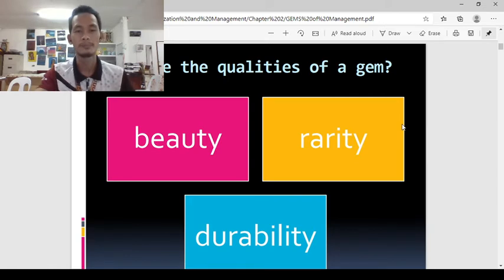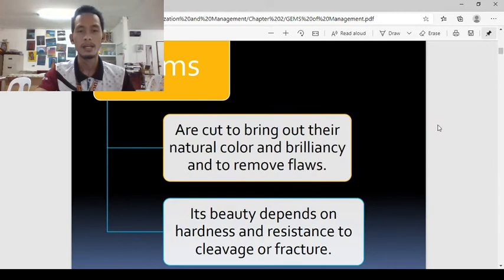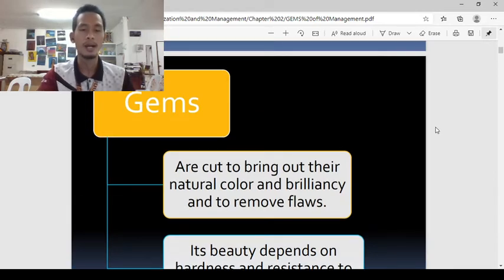The qualities of a gem are the following: beauty, rarity, and durability. Gems are cut to bring out their natural color and brilliancy and to remove flaws, right?